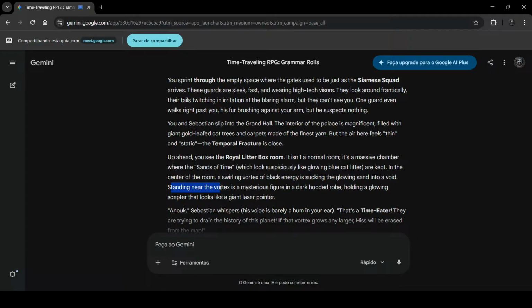Standing near the vortex is a mysterious figure in a dark hooded robe, holding a glowing scepter. That looks like a giant laser pointer.